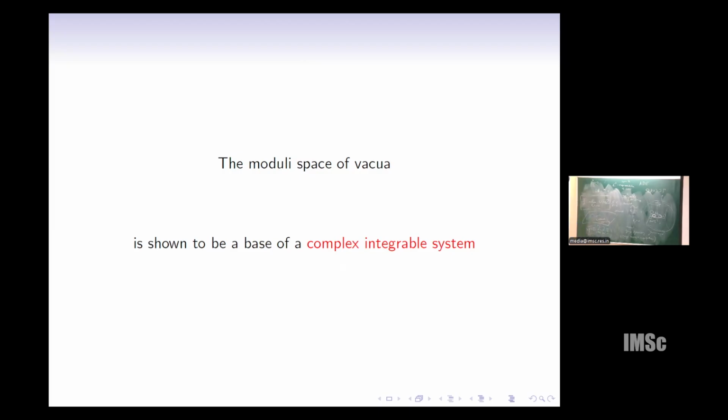And it turns out that a neat way of describing this geometry is to say that this space is actually the base of some complex integrable system. So you can upgrade this moduli space of vacua by adding a certain fibration whose fibers are tori, like in the usual integrable system, so that the total space is the phase space.